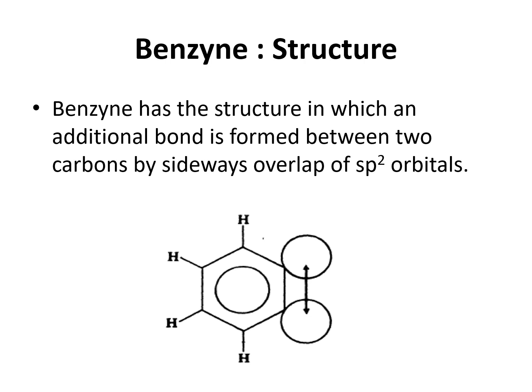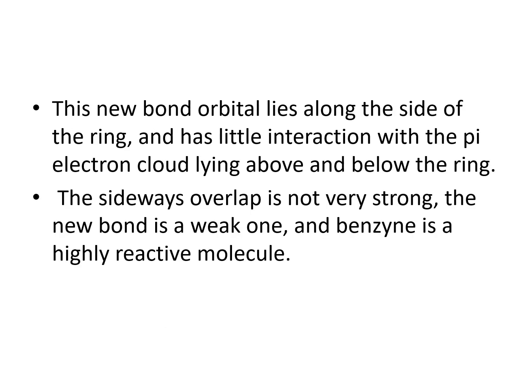In the structure of benzyne, there is an additional bond between two carbon atoms by sideways overlap of sp2 orbitals. The new bond orbital formed by this sideways overlap lies along the side of the ring, and it will not interact with the pi electron cloud lying above and below the plane of the benzene ring.